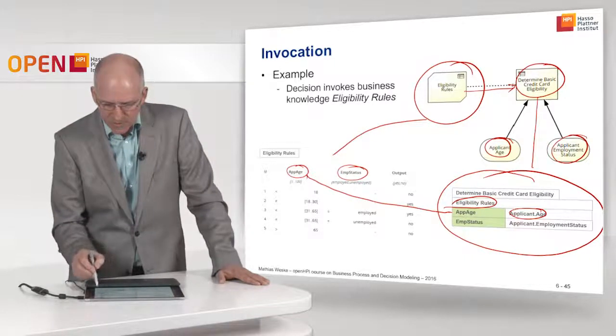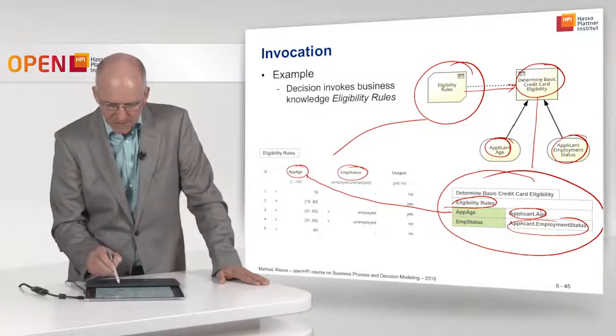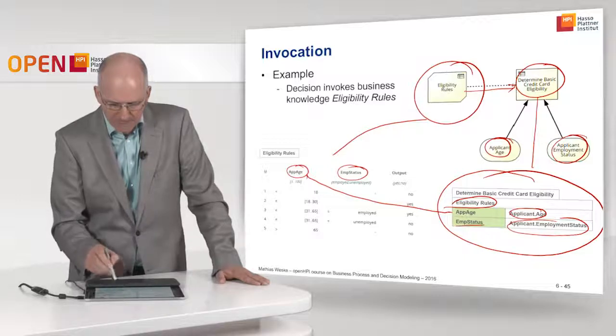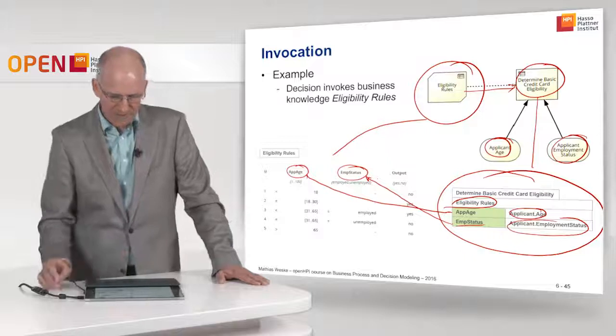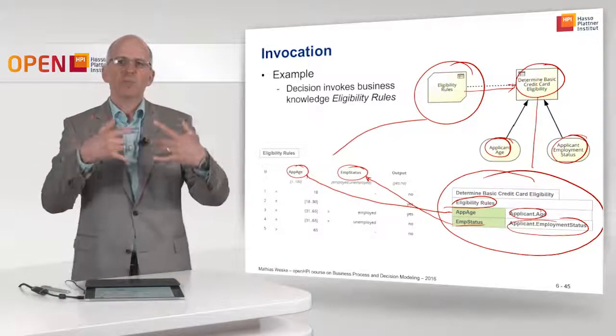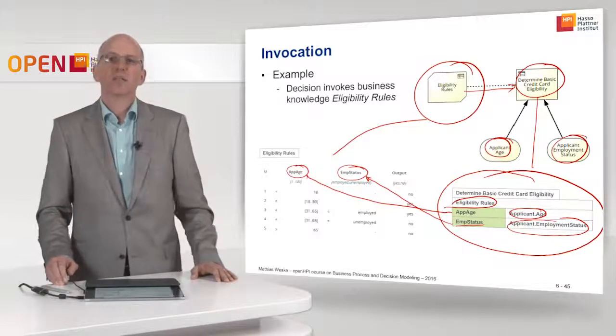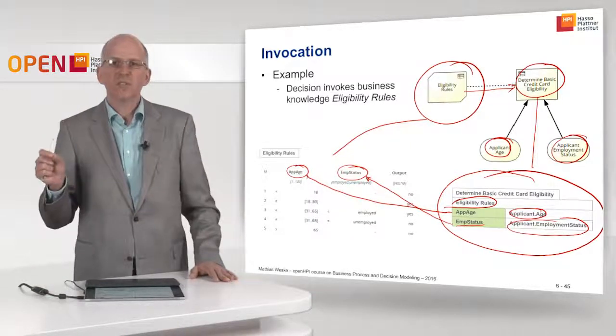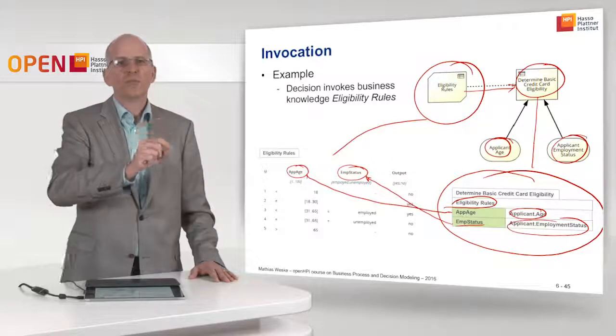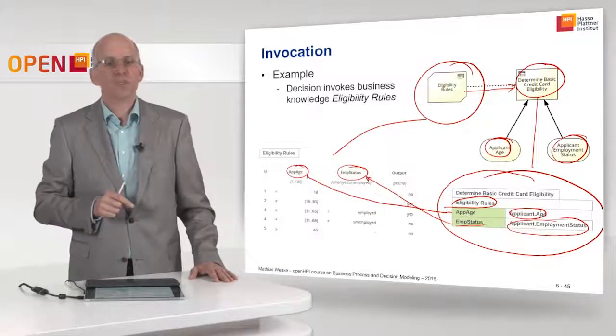And we use applicant employment status for EMP status. So the EMP status then will go here to the employment status. This is how the link between these two elements is provided. This is how we make sure that the inputs of the decision are transferred to the right input of the eligibility rules.